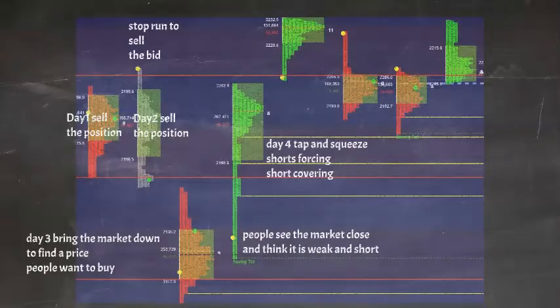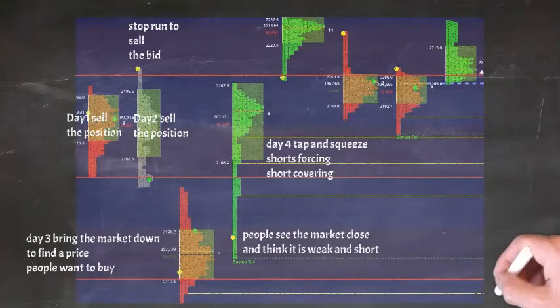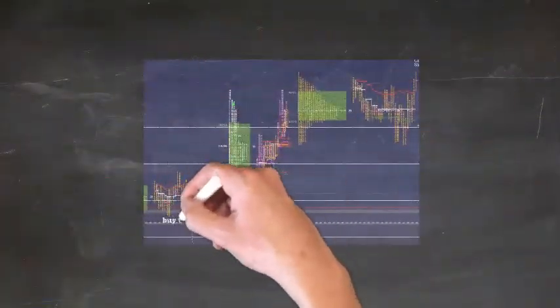So what does price sticking look like? Well, if you look at this chart, the orange is Globex, and they bought the position. The next day, which is the gray, they sold the position, and price stuck above that level.